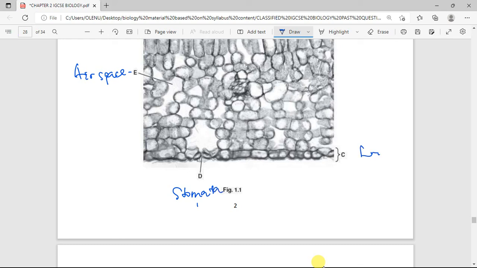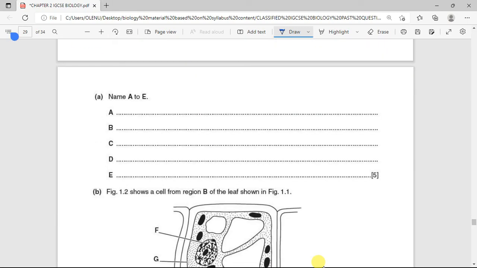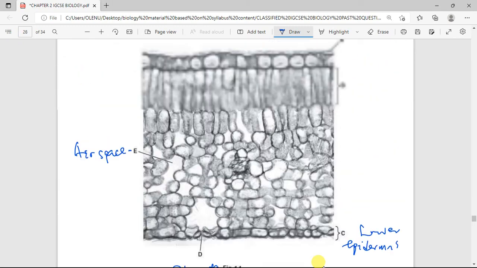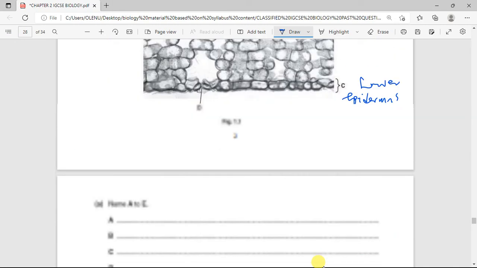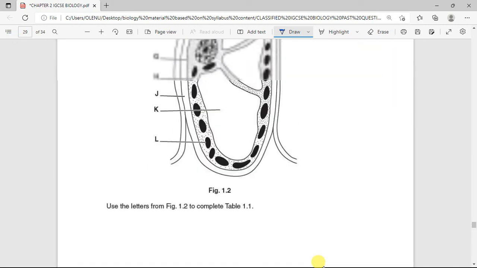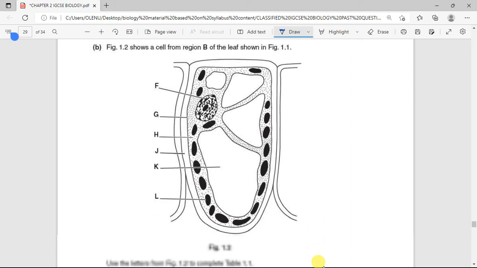This is the lower epidermis. I just named them, so just write everything there. This is the waxy cuticle on the surface, so just label that. You're good.